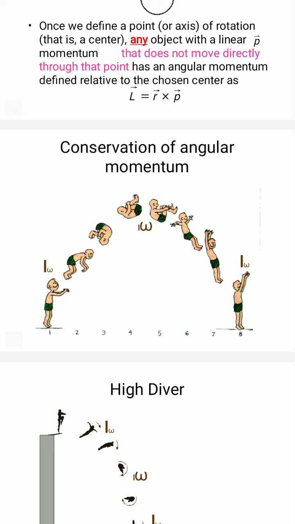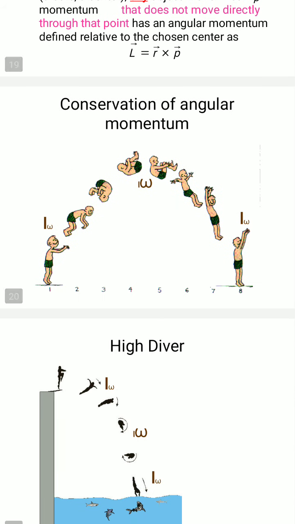Now we have already said that angular momentum is always conserved. In this picture, in the left picture the man is standing with arms spread, so I is large and omega is small.